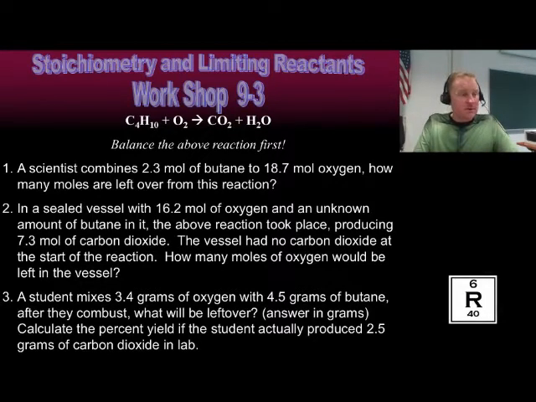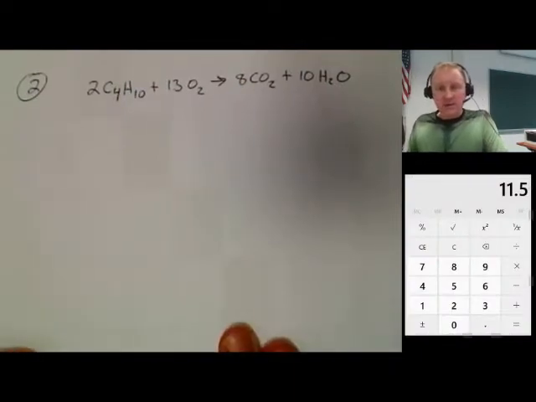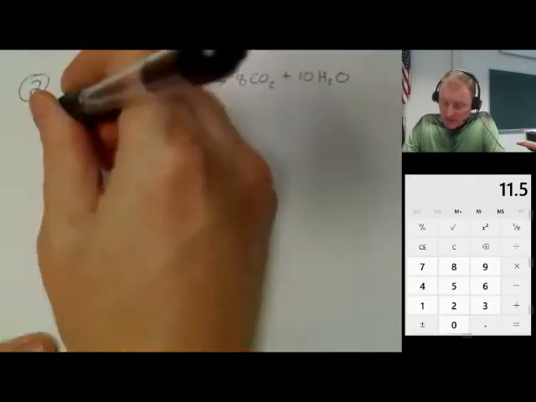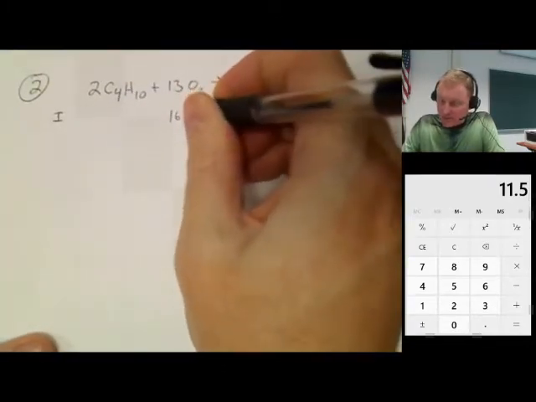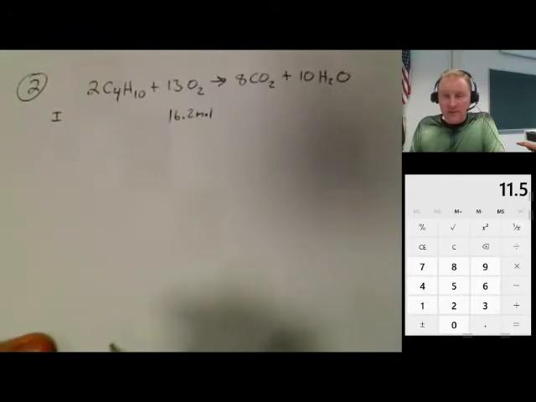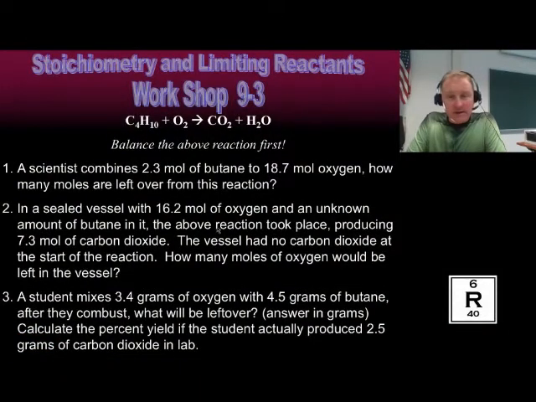So in this question here, it says, in our balanced equation, that we're initially starting off with 16.2 moles of oxygen. And it says that when the reaction's done, there is an unknown amount of butane.